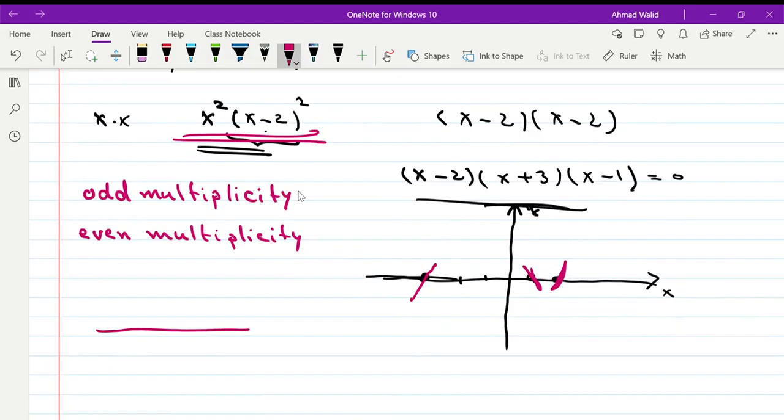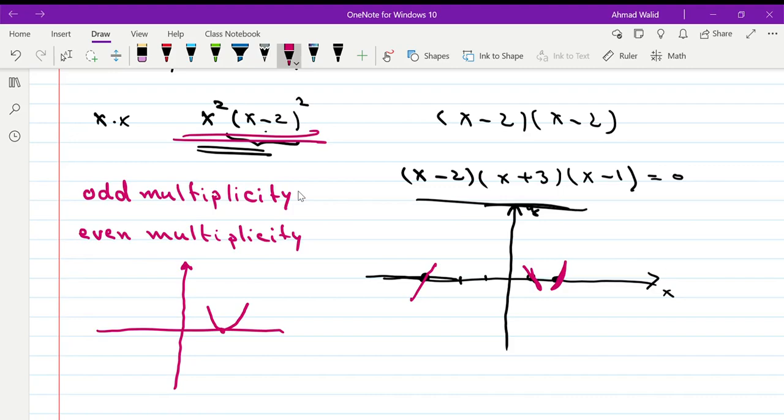I already found the zeros of this polynomial function for you. The zero of this polynomial function was x equal to 2. It means at x equal to 2, the graph comes, touches the x-axis, and goes back from where it comes, maybe from down, but it just touches.